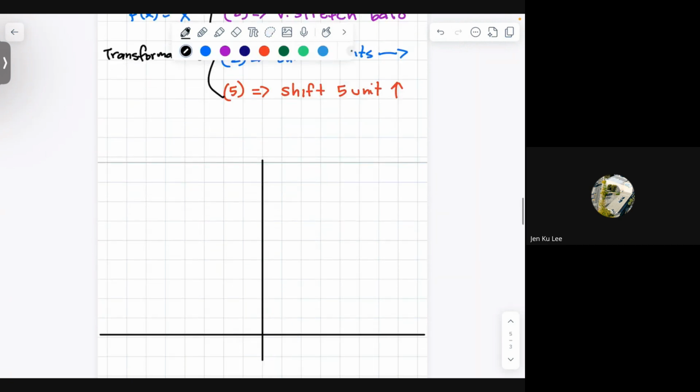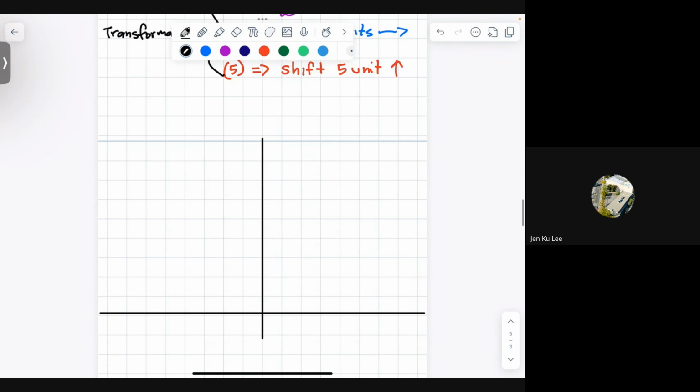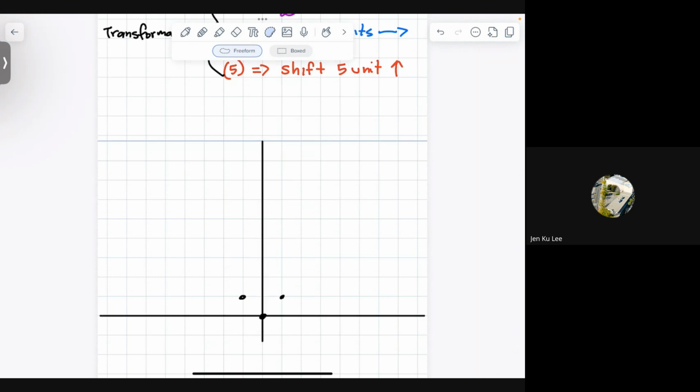So my parent points, remember, are 0, 0, negative 1, 1, 1, 1, negative 2, 4, and 2, 4.